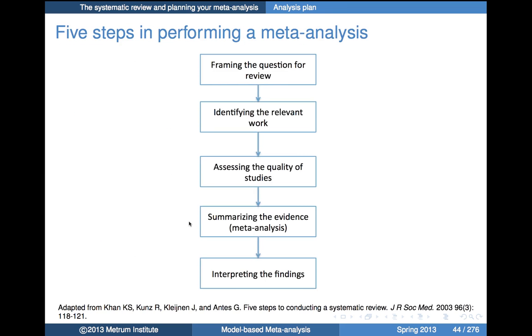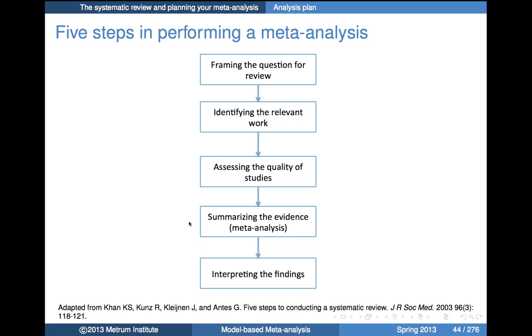So in the context of performing the meta-analysis or the systematic review, we can really think about there being 5 steps. The first is framing the question or coming up with the objectives of your analysis. The second is identifying the relevant literature, and that includes the step of deciding what the inclusion-exclusion criteria are for the studies, as well as going out and retrieving the studies.